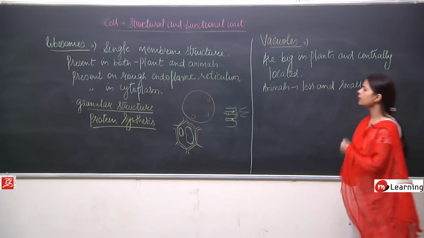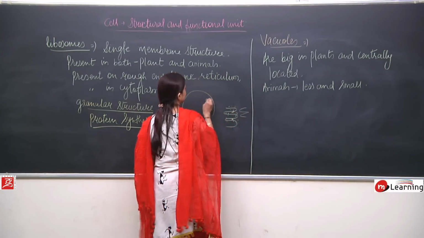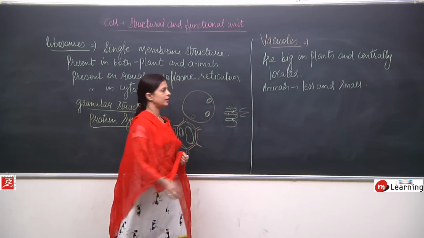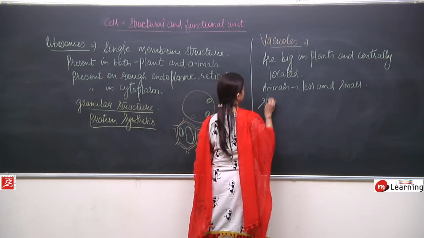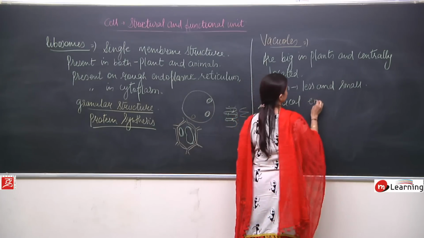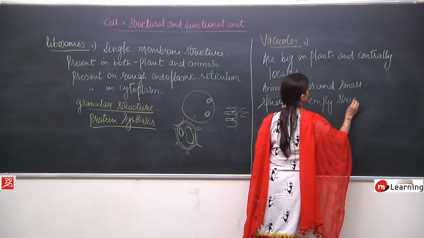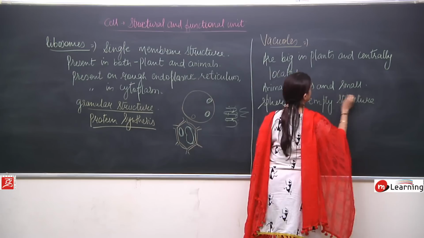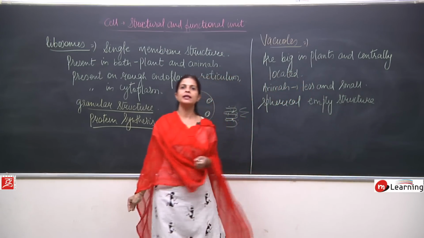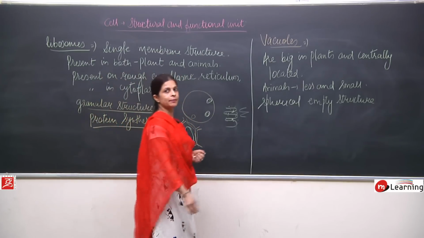What are vacuoles? These are just spherical empty structures. And what is filled in this? The liquid which is filled in this is also known as cell sap.